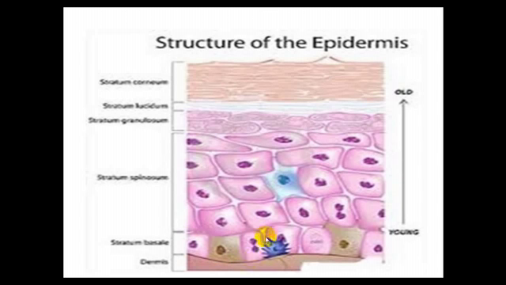So the attachment of these cells together and to the spinosum is called desmosome, while the attachment to the basement membrane is called hemidesmosome.